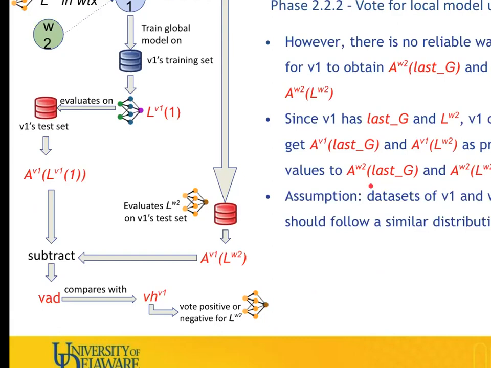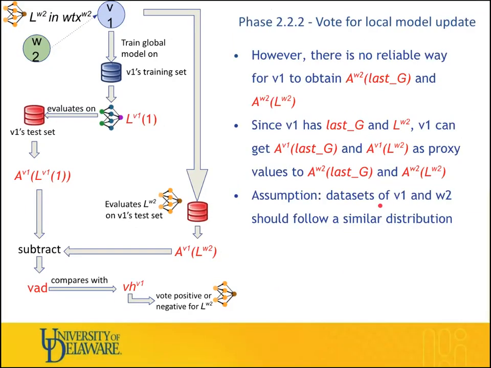Here we have an assumption. Since V1 and W2 are two devices participating in this federated learning, the data sets brought by these two nodes should follow a similar distribution. If this is true for both V1 and W2, then AV1 last G and AW2 last G should have a little difference in their values.